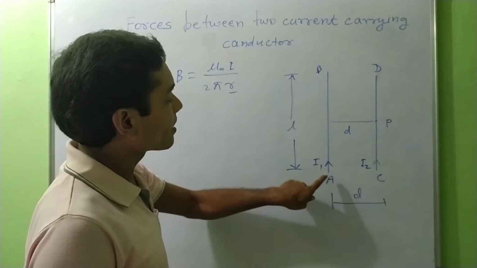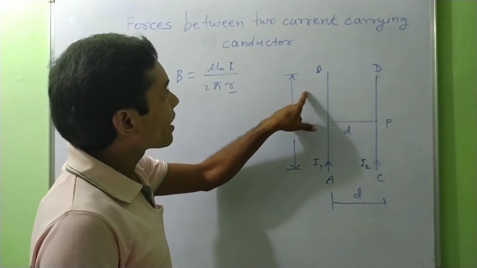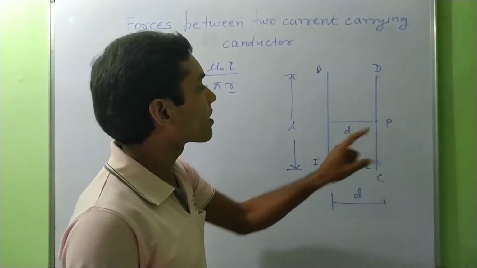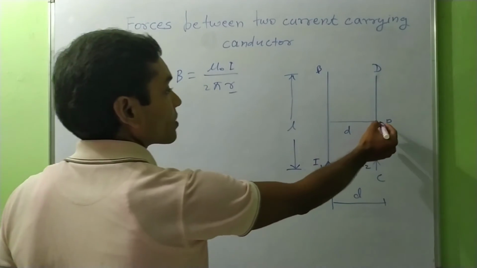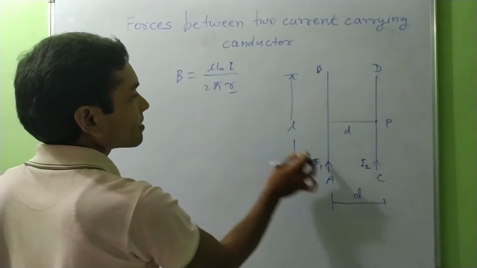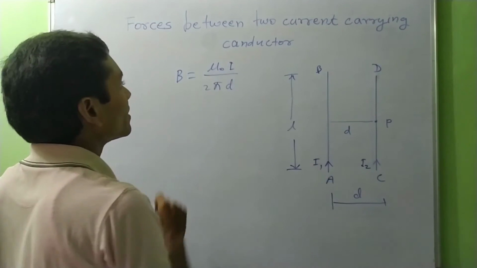Here we consider conductor AB and determine the field at point P on CD, so the distance is d.